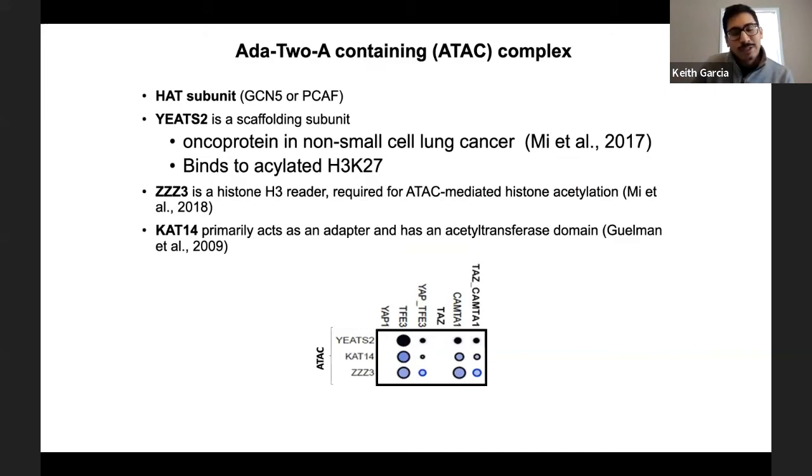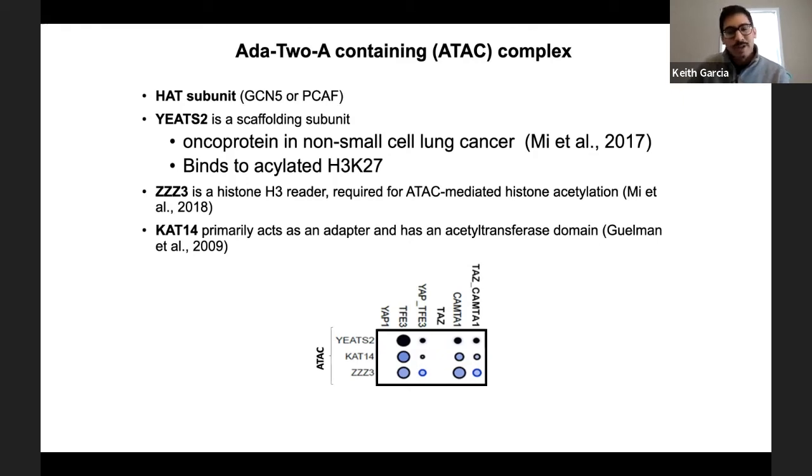And so these proteins are members of the ATAC histone acetyltransferase complex. Just some background on this complex: it contains a HAT subunit containing GCN5 or PCAF that are mutually exclusive. YEATS2 is a scaffolding subunit, and it's also been recently identified as an oncoprotein in non-small cell lung cancer. And it's a reader protein, so it's able to bind and recognize acylated histone 3 lysine residues on histone tails.